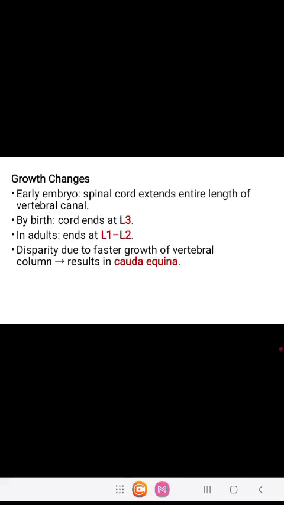This is what actually brings the disparity between the spinal cord during early embryo, birth, and during adulthood. The disparity due to this fast growth of the vertebral column will result in the cauda equina. So these are the groups of nerve fibers that are located at the base of the spinal cord.